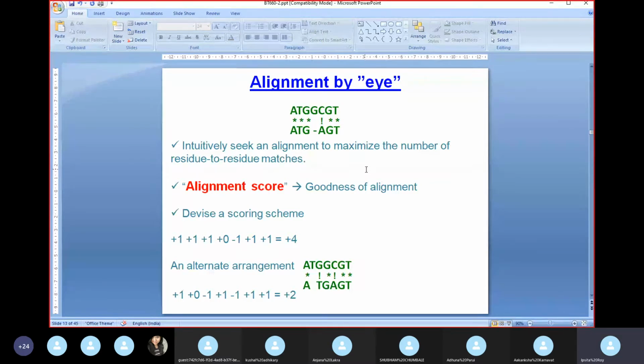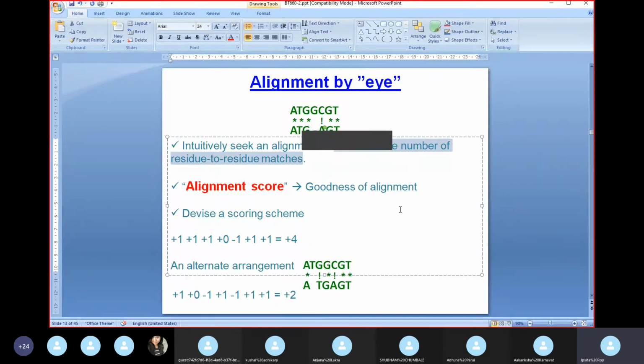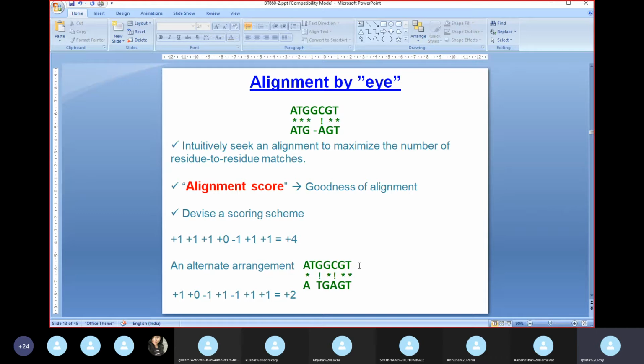So what this alignment tries to do is to maximize the number of residue to residue matches. In the alternate arrangement, this is also an aligned structure, but in the alternate arrangement, when I go into scoring, I find that this is +1, this is 0, this is -1, +1, -1, +1, +1. So it gives me a score of +2. So I infer that this is a better fit, a better aligned structure than this one.